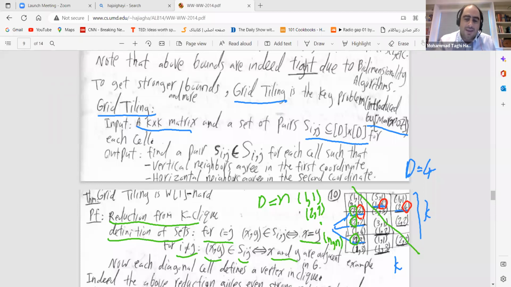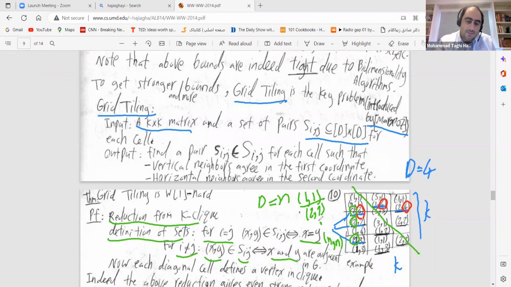Now it is easy to see that if there is a k-clique, then you just need to select those k vertices. If you select those k vertices on the diagonal, for example, if you select vertex 1, then you choose the pair (1,1).